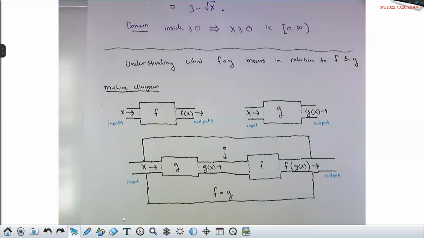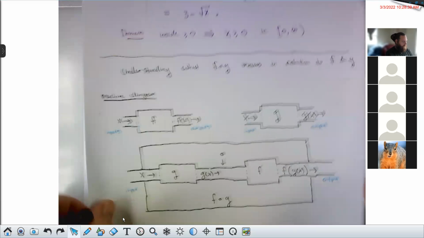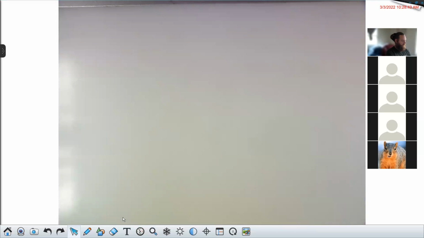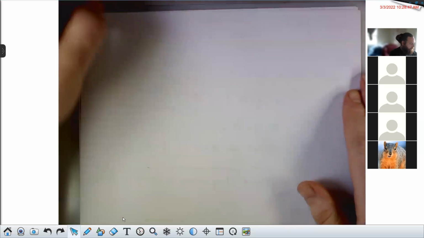Okay. Disgusting metaphors aside, there is another way you can think of this, and that's what are called mapping diagrams. So these are machine diagrams. The other kind of standard tool for visualizing these are mapping diagrams.